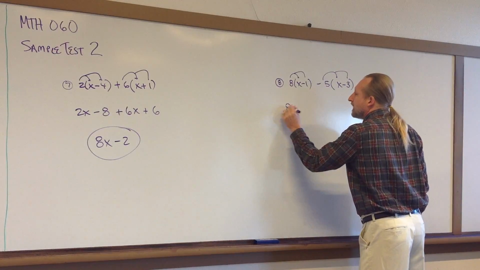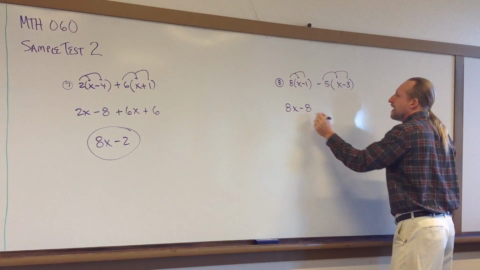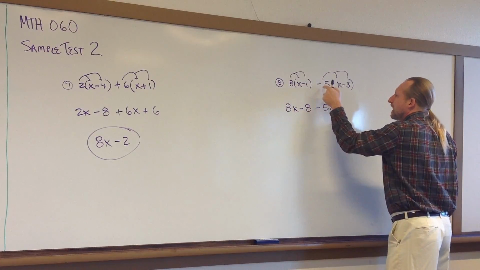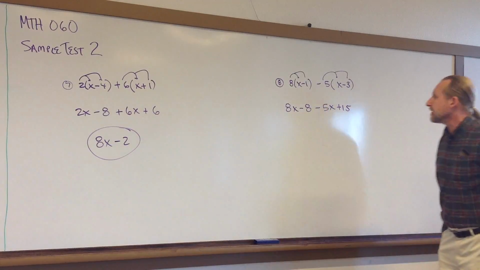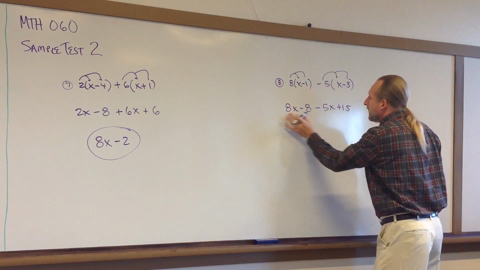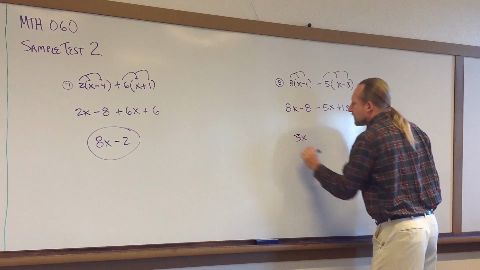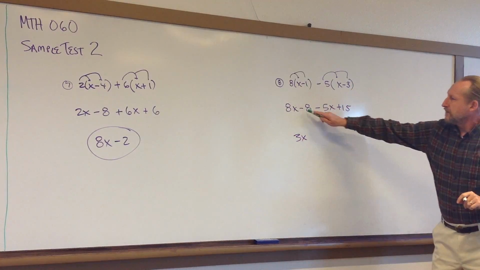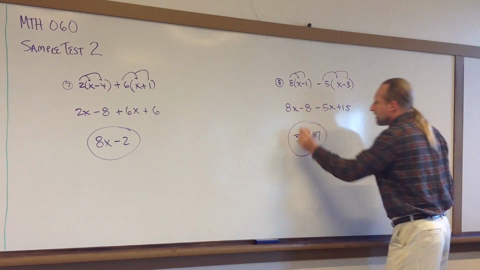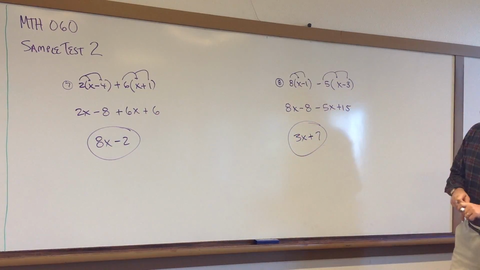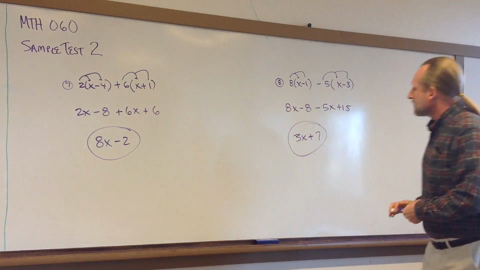So this one will be 8x minus 8, and then minus 5x, and then we'll get a positive 15 from the negative 5 times the negative 3. So 8x minus 5x will give us positive 3x, and the minus 8 and the positive 15 will give us positive 7. Okay, that's it for that section.